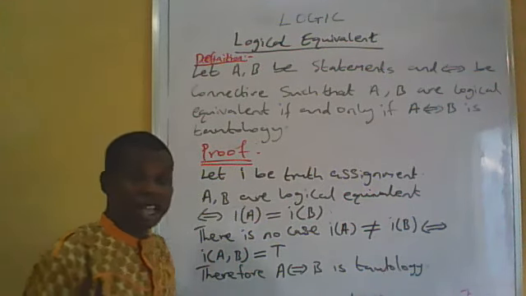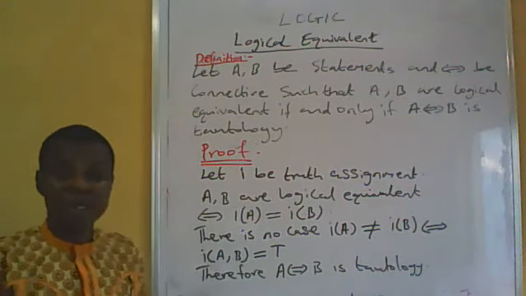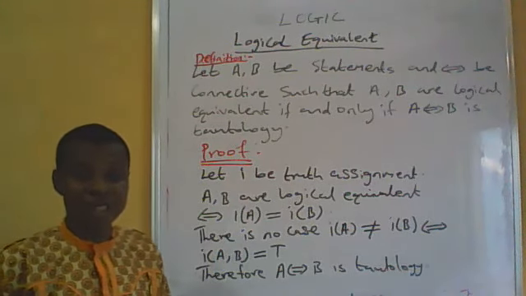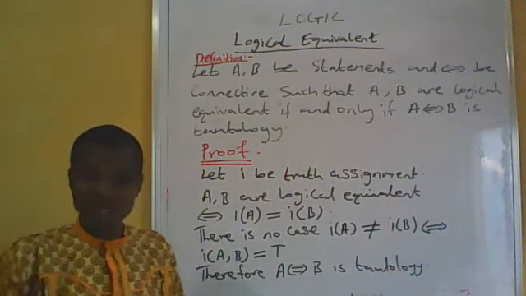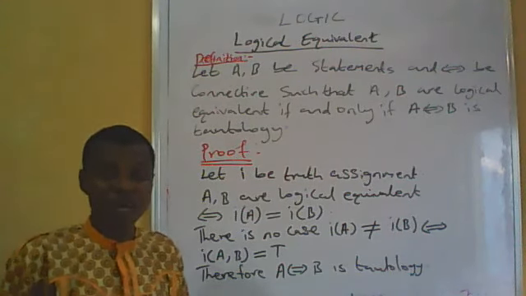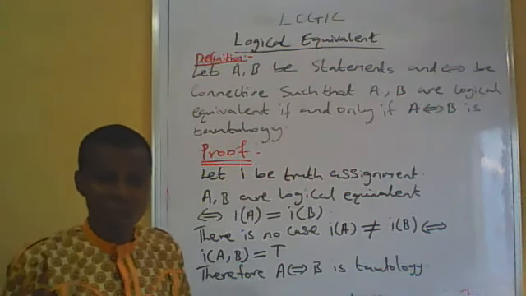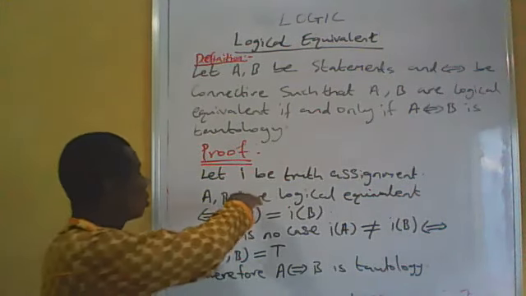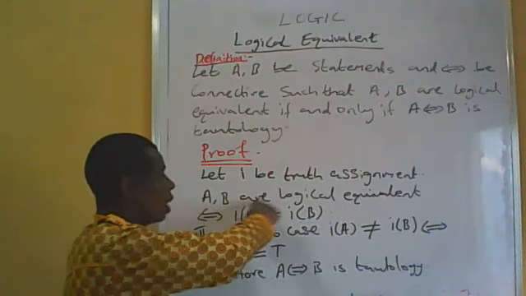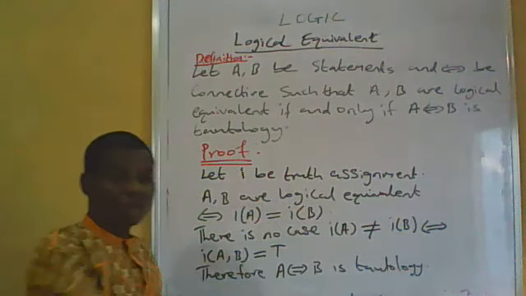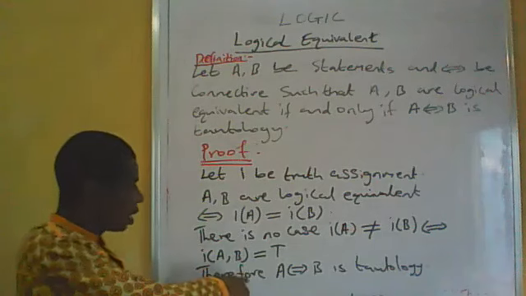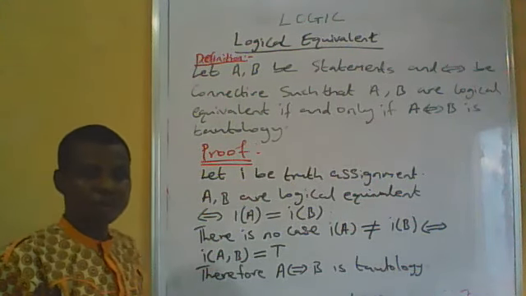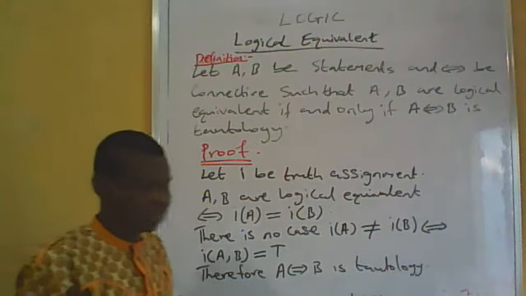If there is no case where the valuation of the statement is false, it means that the statement is a tautology. That means A if and only if B is a tautology. That's it. From A, B being logically equivalent statements, we have now proved that A if and only if B is a tautology. Now let's prove the converse.